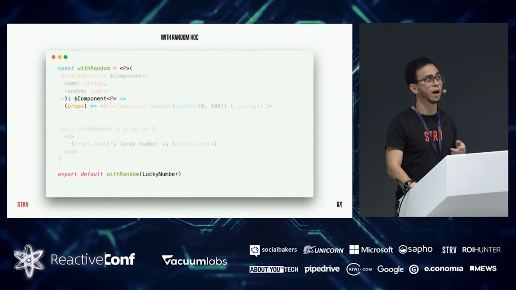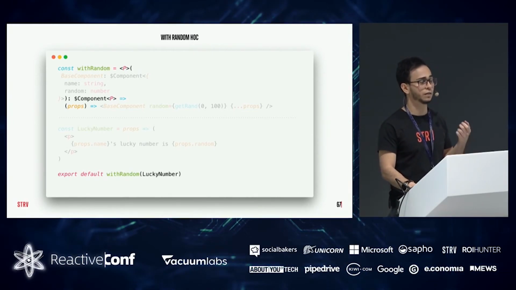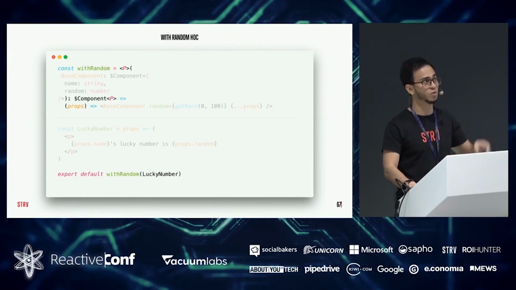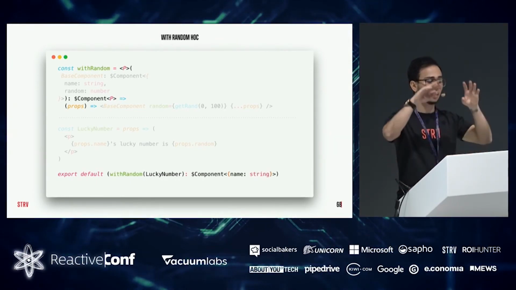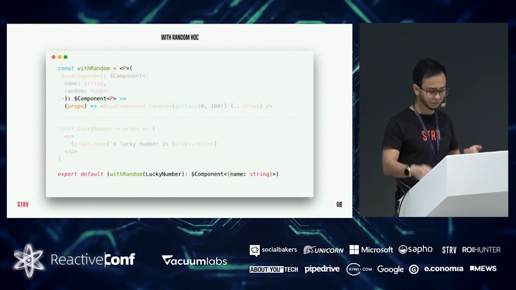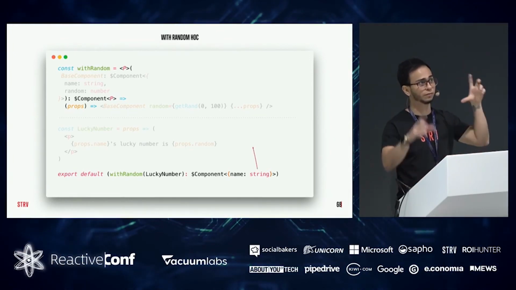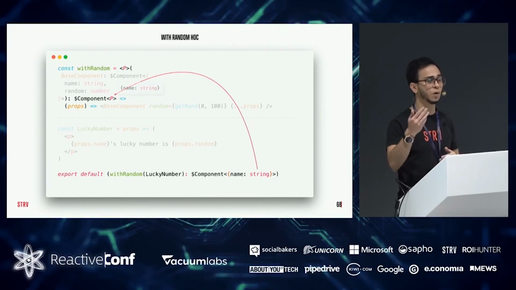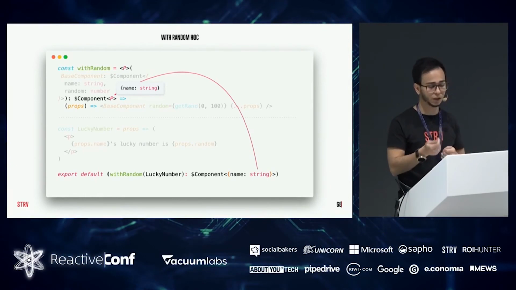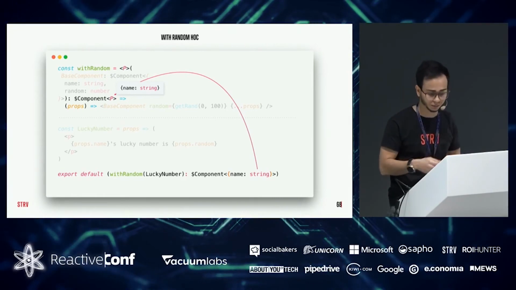But right now, we have no types because nobody is specifying that this component is going to need name as a string from outside. So we need to add this casting again, and what we're saying here is that this is a component that takes name string, and whatever we put here on the component is going to flow directly to the return type. So now Flow can infer whatever we put here on the bottom and is going to use it here.